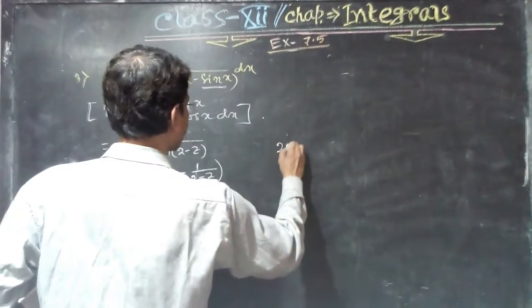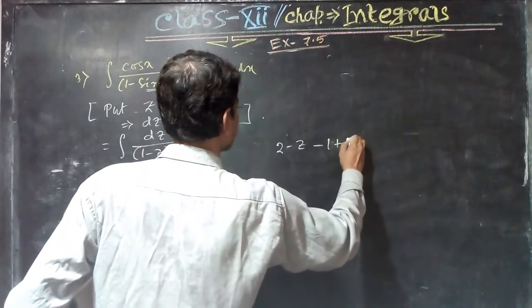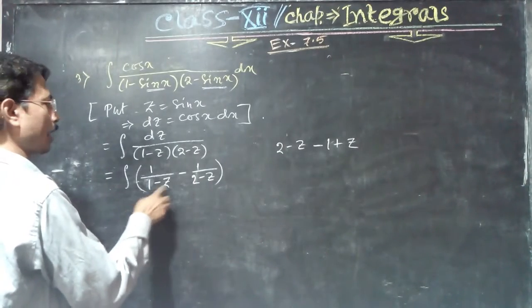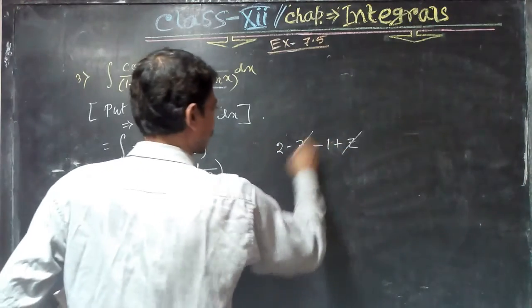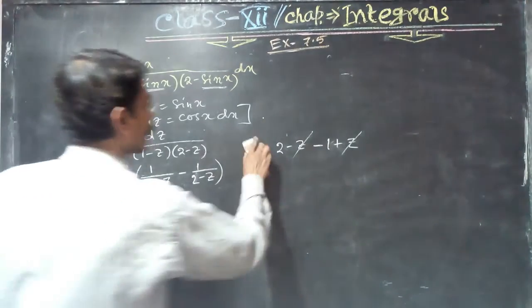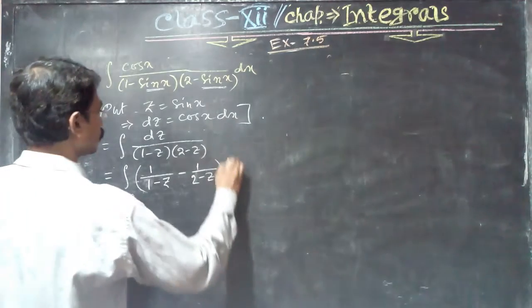Now numerator 2 minus z minus 1 minus z, that means minus 1 plus z. Z cancel, 2 minus 1 equal to 1, match. So you rewrite this in this way. It is a very simple process.